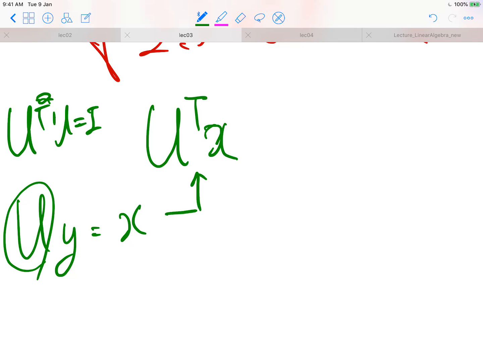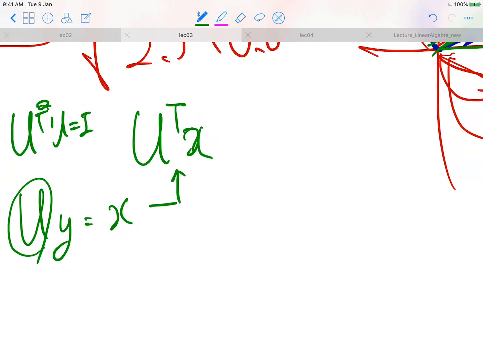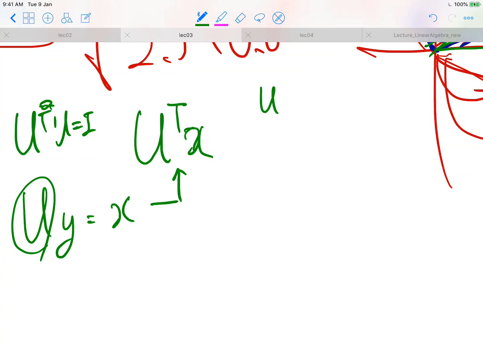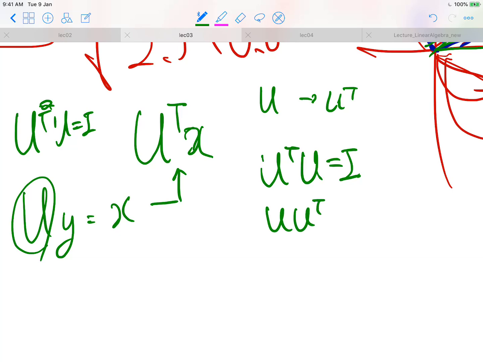So this simply gives us the corresponding coordinate with respect to the new basis, right? And we know that U is an orthogonal matrix, and then U transpose is also an orthogonal matrix, right? Because U transpose U is identity in the case of a square matrix, and U transpose is also an identity matrix, right? So we discussed this before.